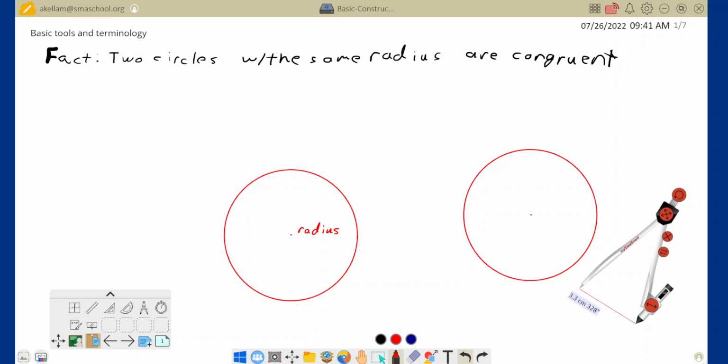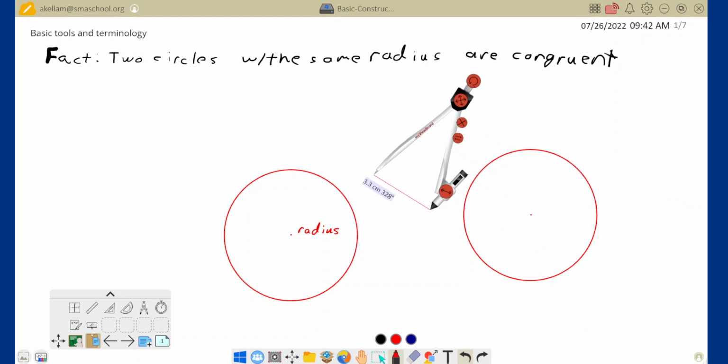Now, one thing that we need to consider here is what terminology we're going to use to talk about this. And we have a few bits in here that are important.